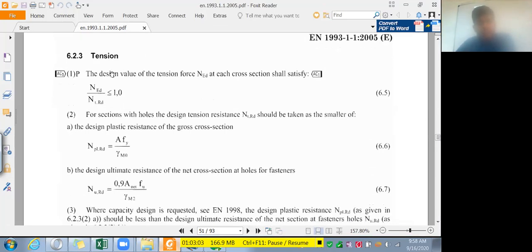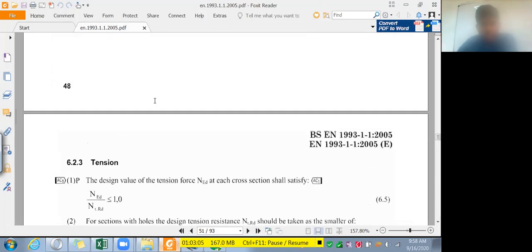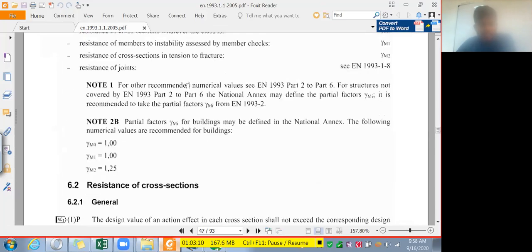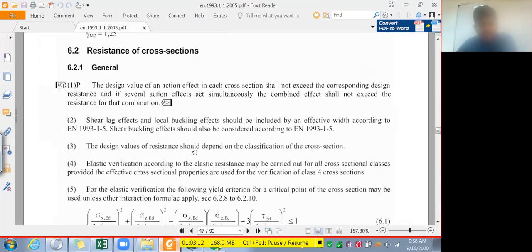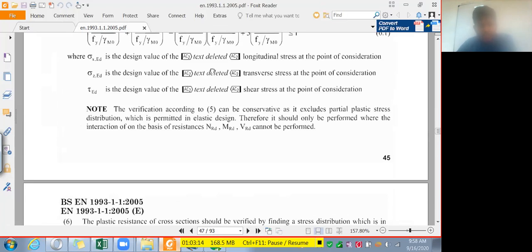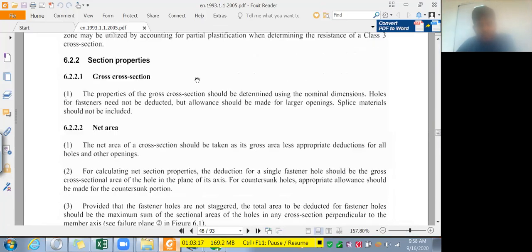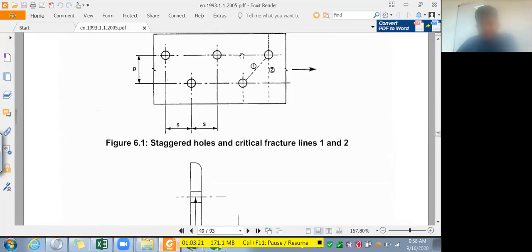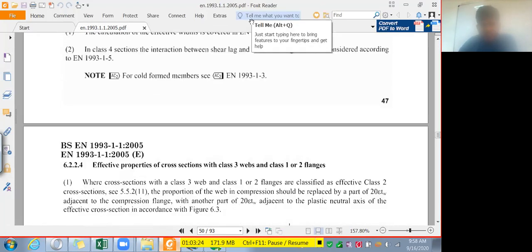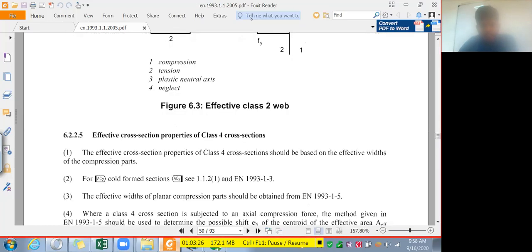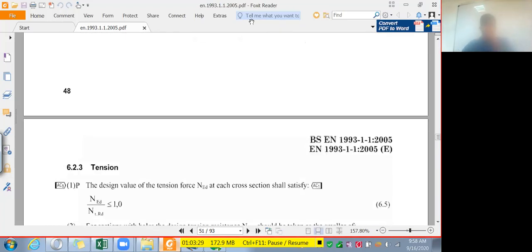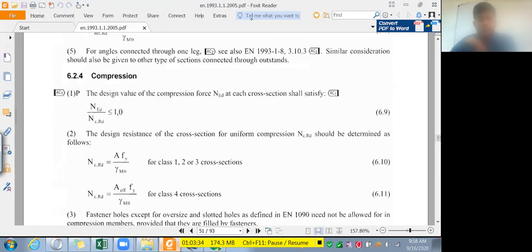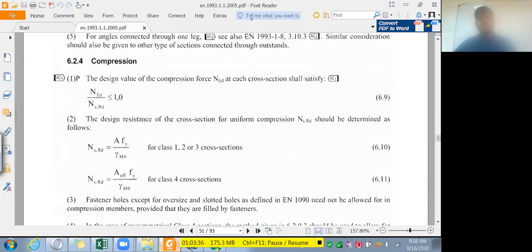So if you look at the ultimate limit state, 6.2 is resistance of the cross sections. We have seen this. 6.2.3 tensile members, 6.2.4 compression members.